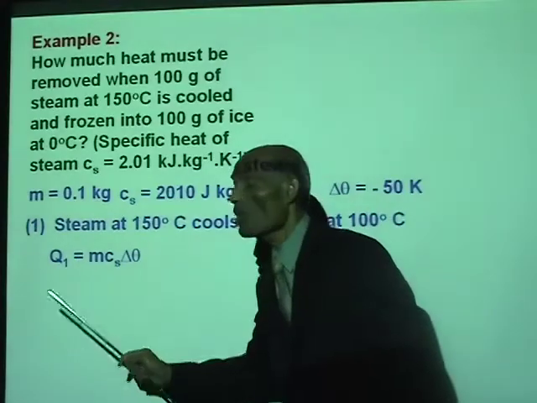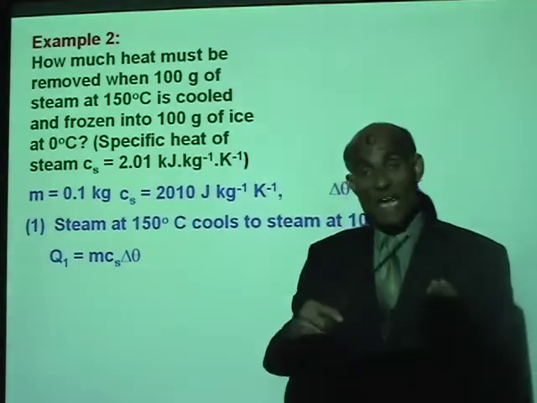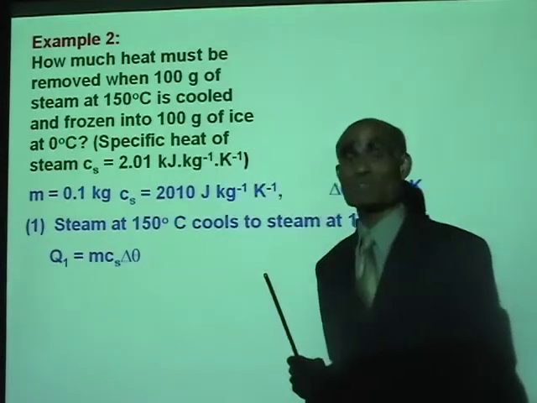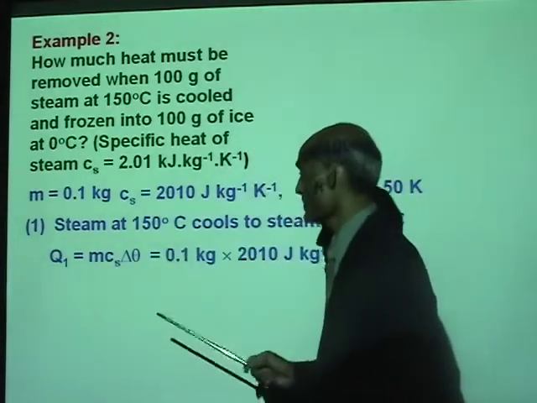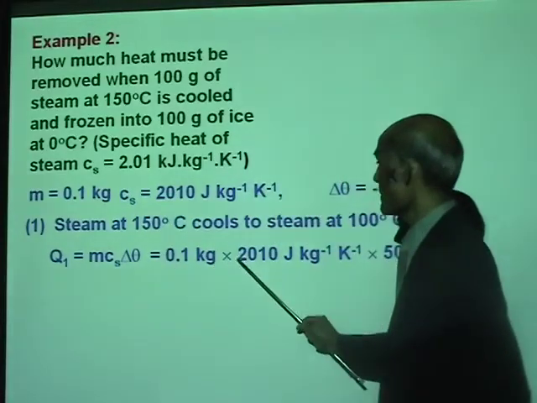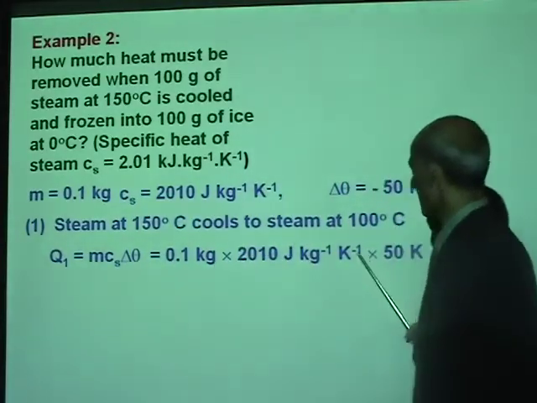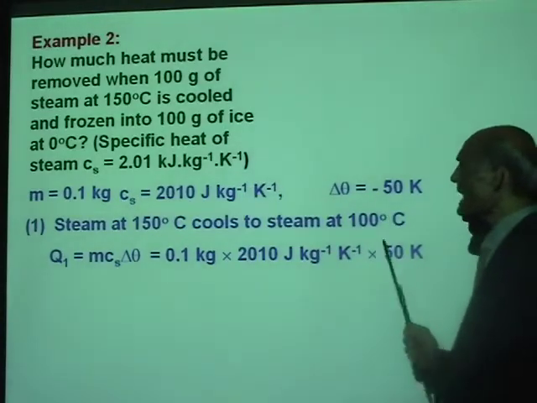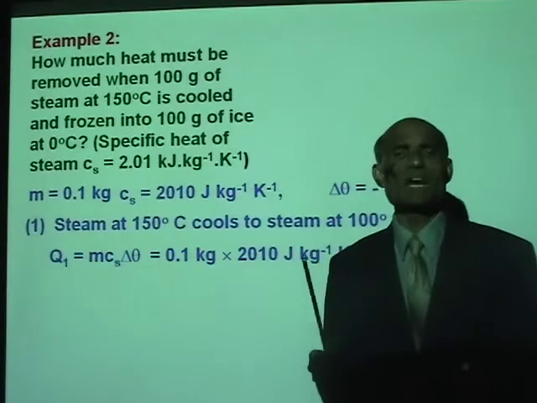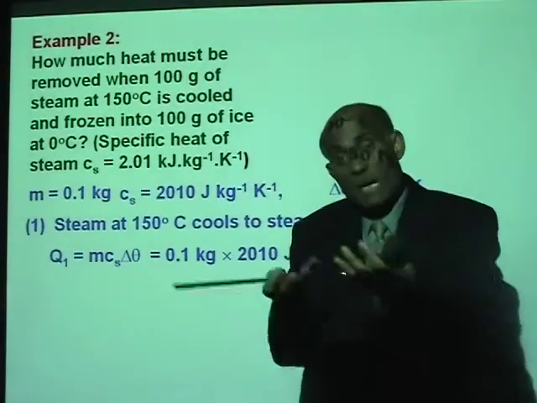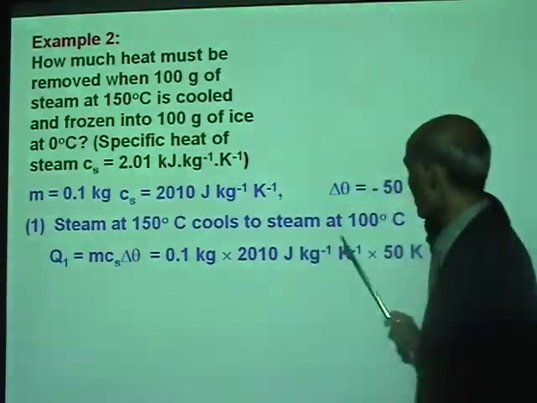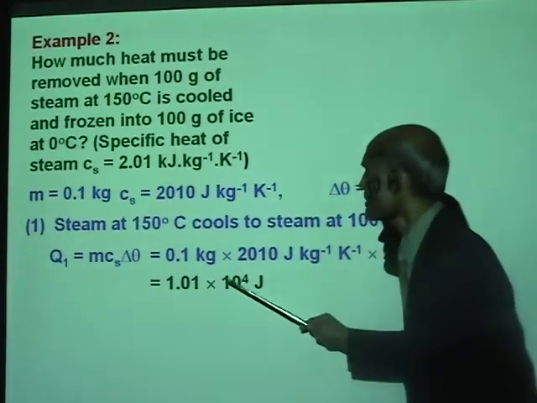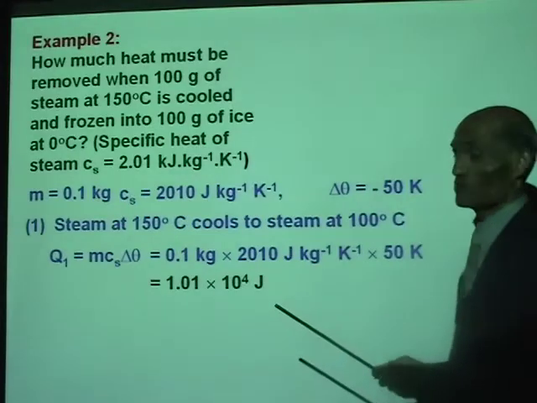What is the quantity of heat liberated? Q is mass times specific heat times change in temperature. We know all these values. So mass is 0.1 kilogram. Specific heat is given. The change in temperature is given. Now I haven't used the negative sign here. The negative sign simply tells you that heat is not absorbed but liberated. So we will only find the magnitude of it. That will be 1.01 times 10 to the 4 joules.